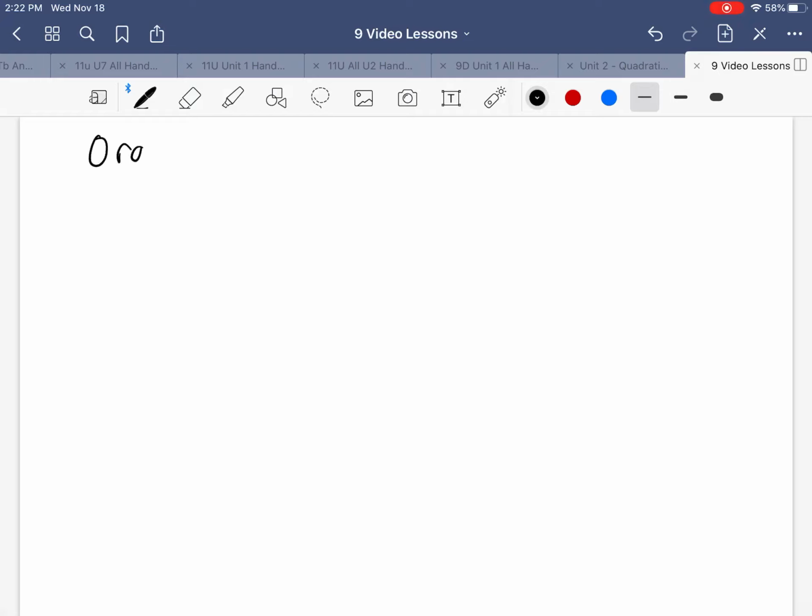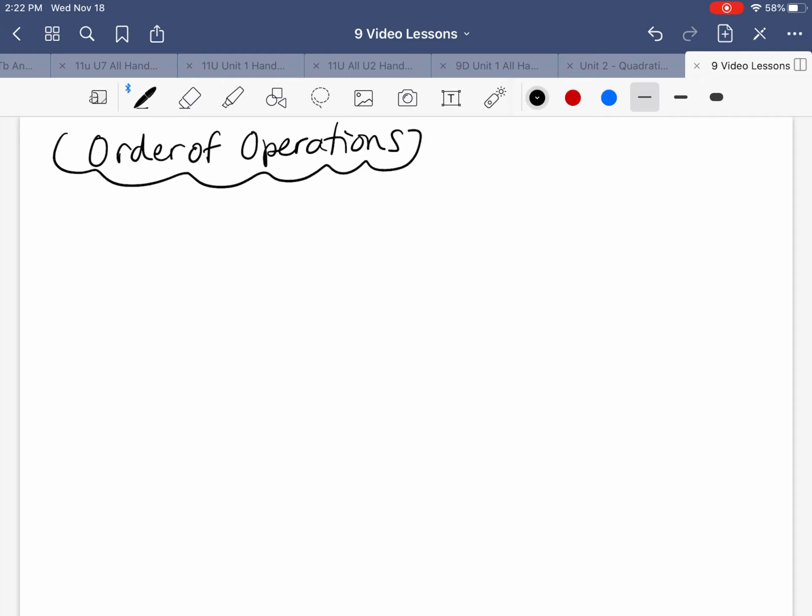Let's review order of operations. Now, order of operations tells us if we do addition first, subtraction first, division, or multiplication when we are working with an expression.